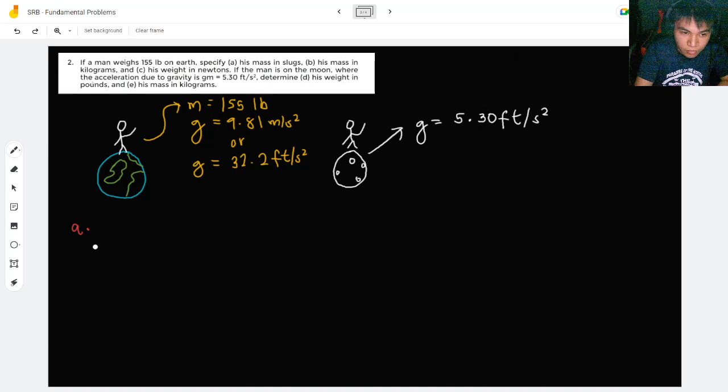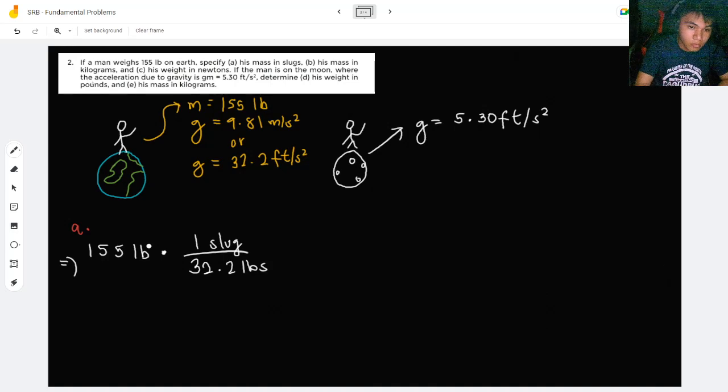So we have 155 pounds, and we can multiply that by one slug, which is the equivalent of 32.2 pounds.